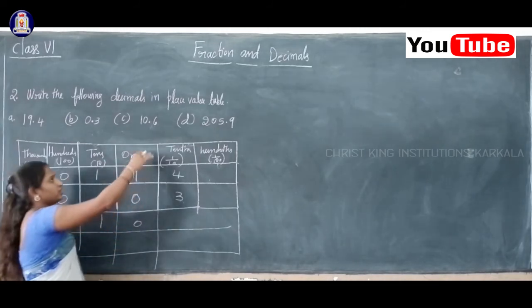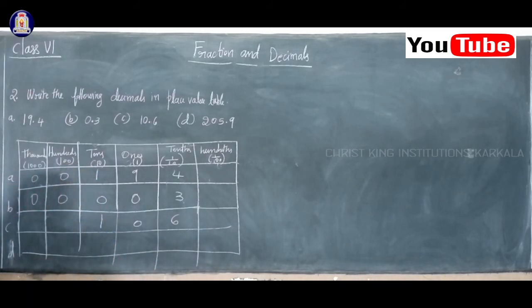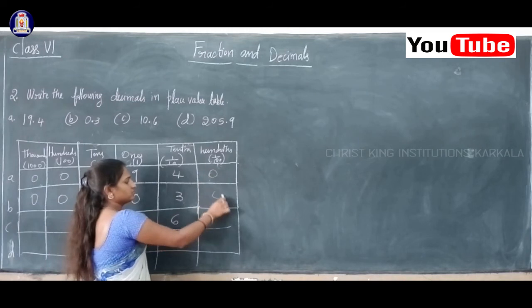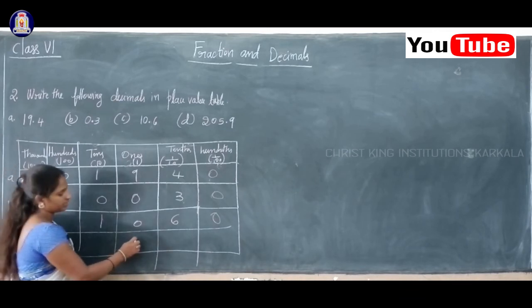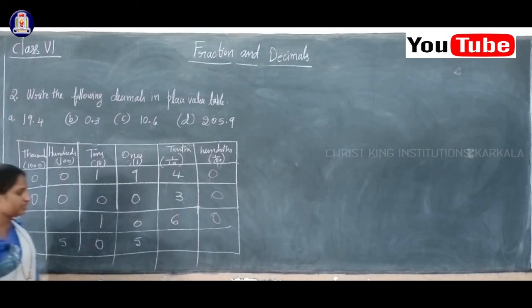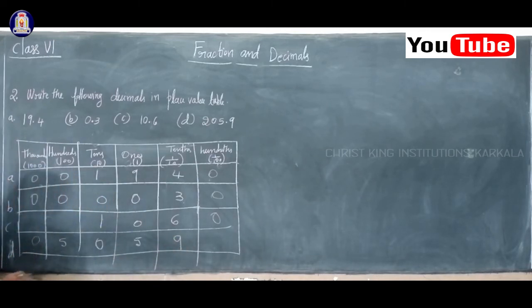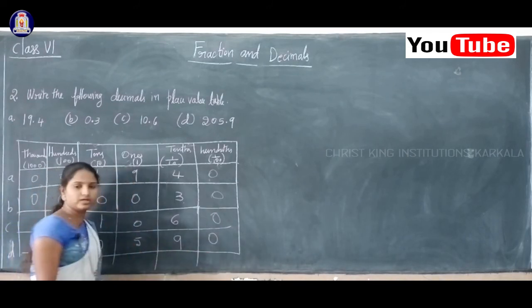After the decimal point the value is 6, so we write 6 here, and there is no hundredths place, so that is 0. Then D, 205.9. 5 is in the ones place, 0 in the tens place, and 2 in the hundreds place. 9 is in the tenths place. There is no thousands place, so you can write a 0.